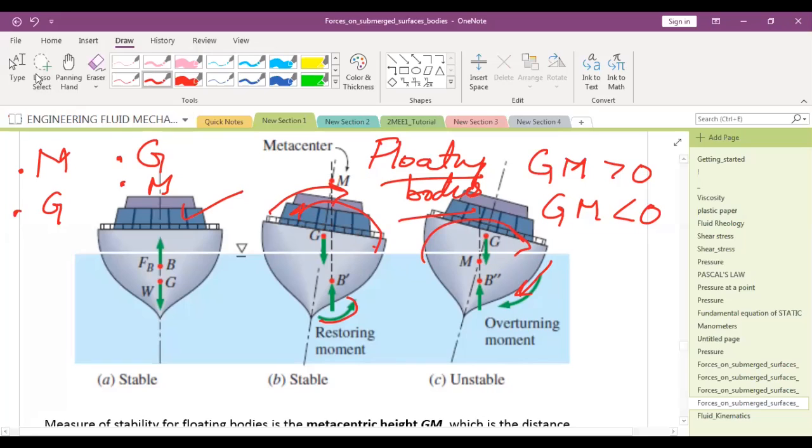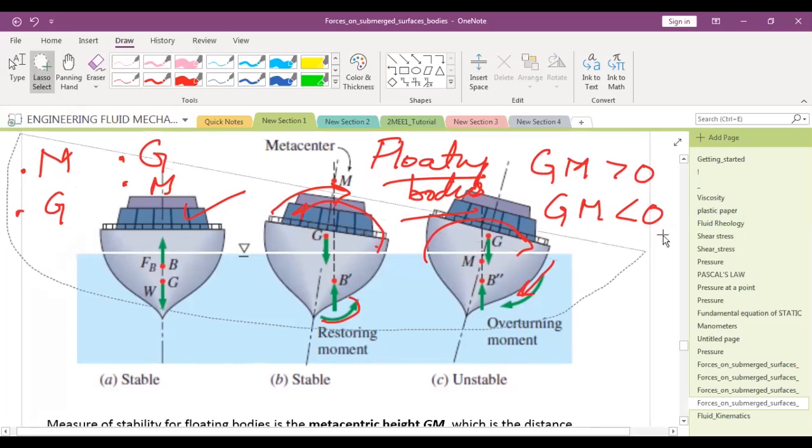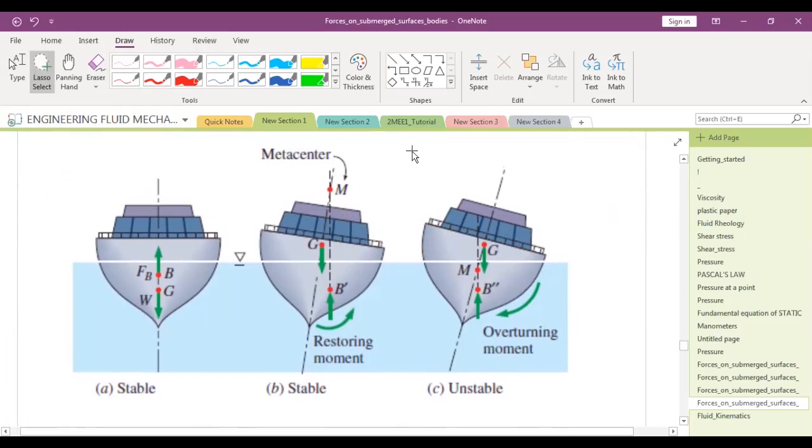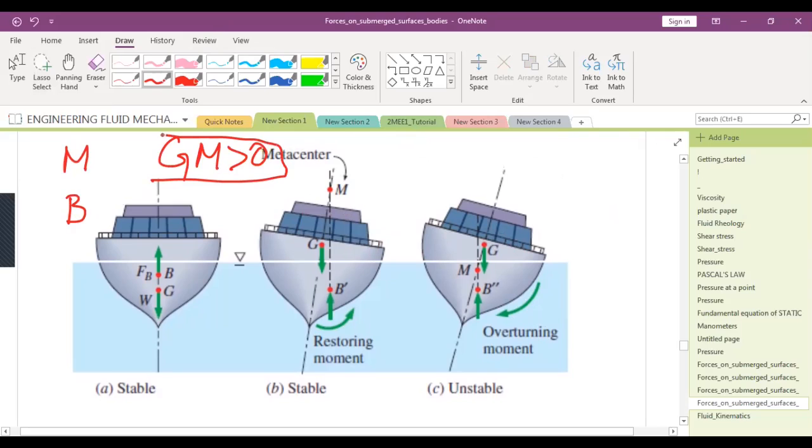So that's why please remember, इसमें आपके कंट्रोल में क्या है शिप के, what is in your control? You want M to be always over G. How can you do that? Or you know that GM should be greater than 0. So what is in your hand so that this is ensured?